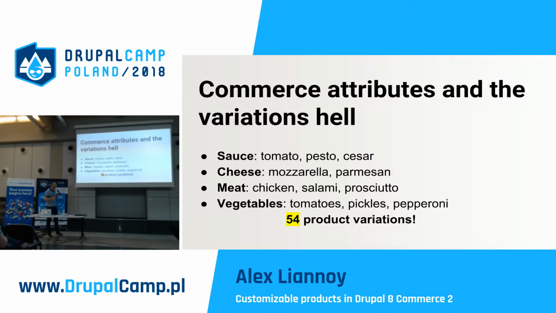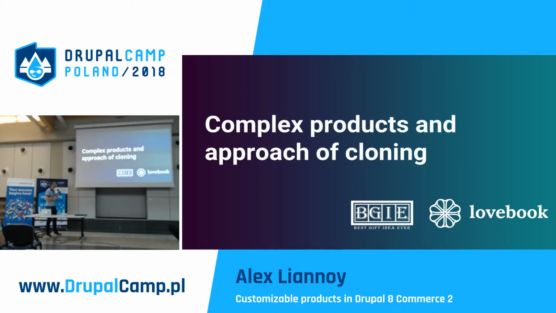You'll need to create 54 products, and you will need to maintain this stuff, and it really becomes hell. When you need to slightly change a product price, and in Ukraine it happens pretty often because of inflation, it becomes pretty hard for content managers to follow these things up.